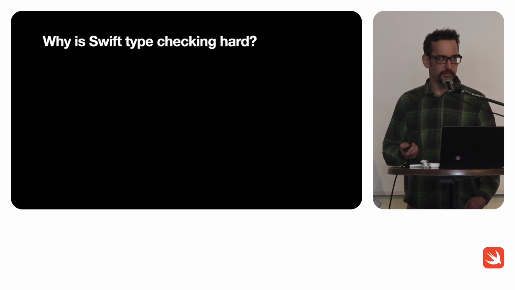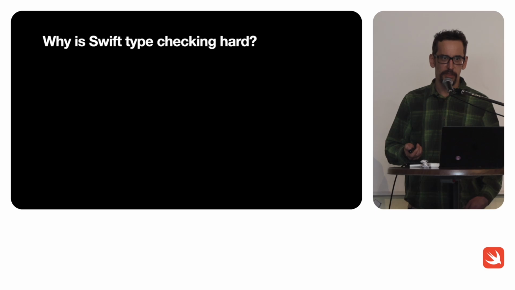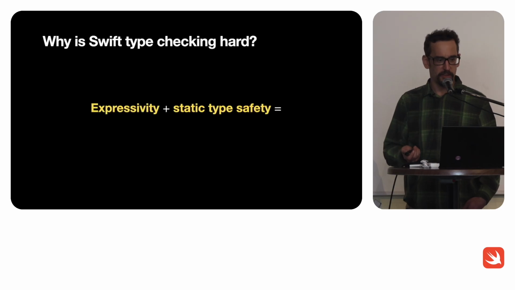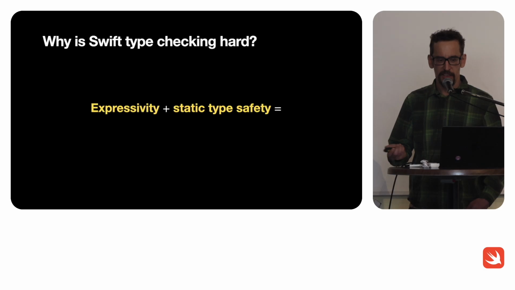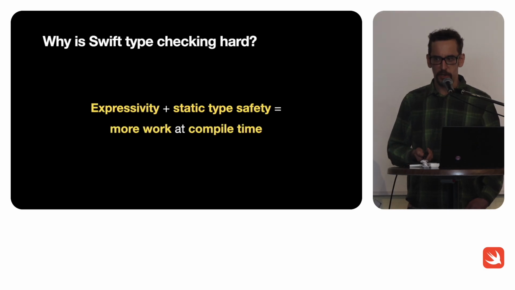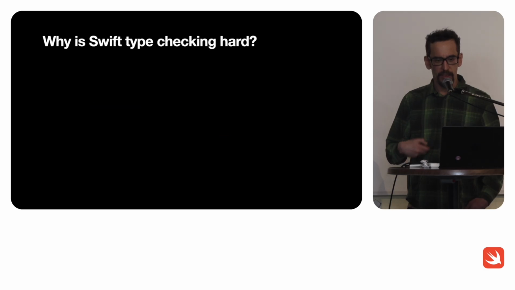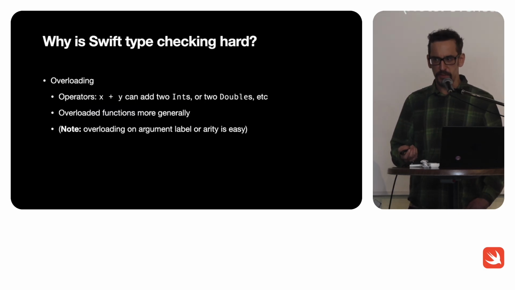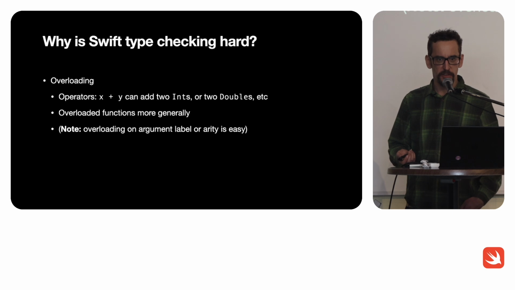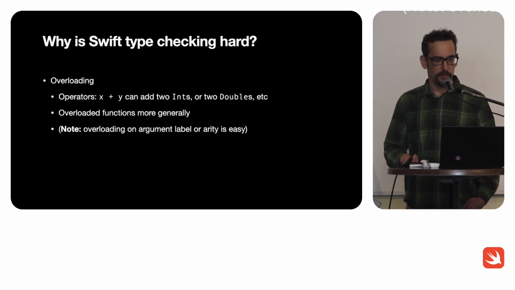So why is type checking Swift not completely trivial, so that it can always just be solved in under a millisecond? Basically, when you have expressive language features together with static type safety, it's unavoidable that there's some work to be done at compile time. And in particular with Swift, there are several language features that allow you to write very expressive code.